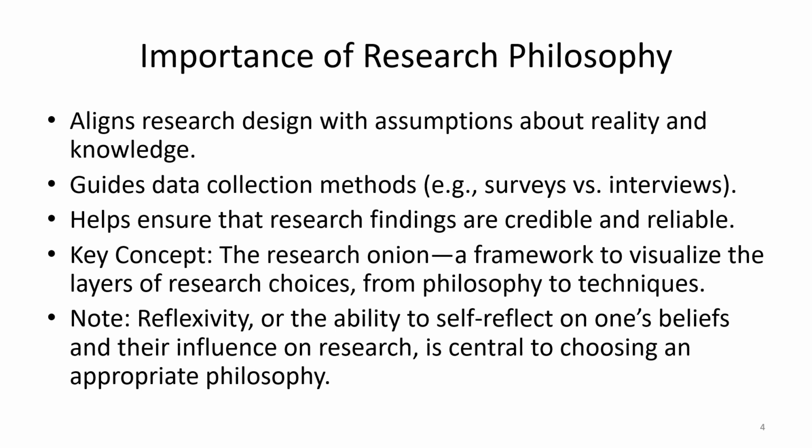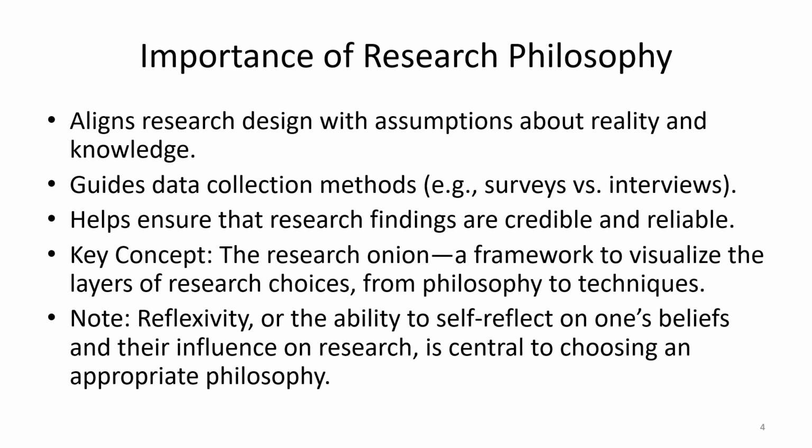So when we are talking about a research philosophy, it is important that it guides us for the further processes of research design. For example, what is the best method for data collection for the type of research that we are going to conduct? It helps us ensure that our research findings are credible and reliable.